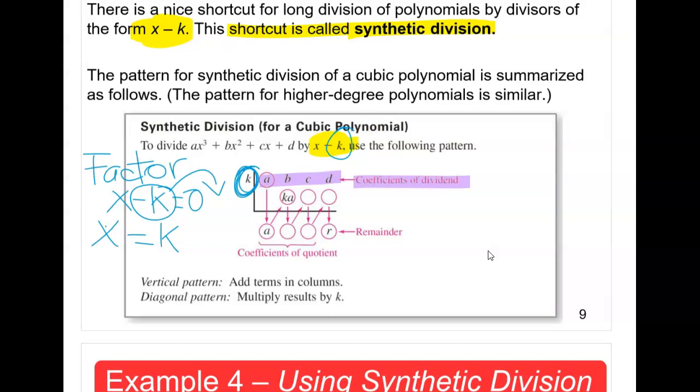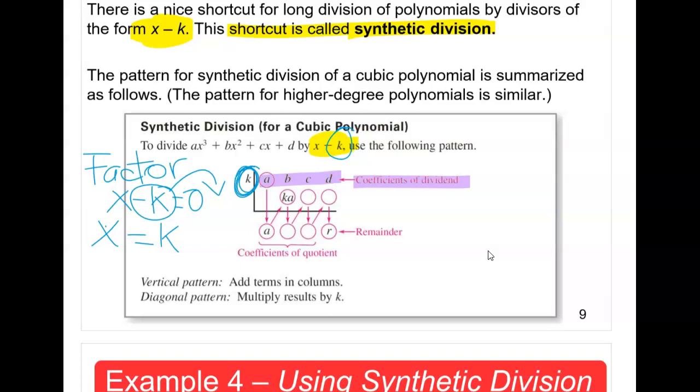We just add vertically or combine like terms, because some terms might be negative, but we will still add them. All right, so the pattern will be you multiply the coefficients of the dividend by k.